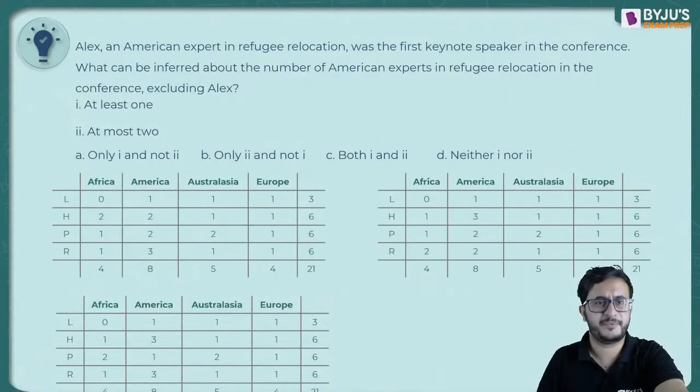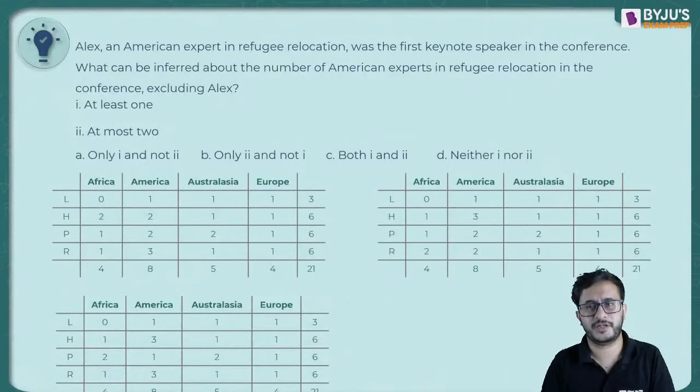Okay, Alex, an American expert in refugee relocation, was the first keynote speaker in the conference.